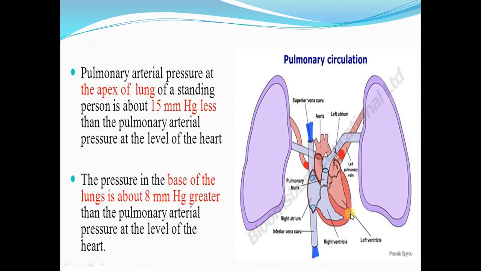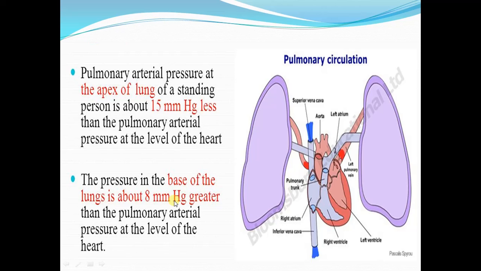Now of this 23 mm of mercury, 15 mm of mercury pressure difference is present above the level of the heart, and 8 mm of mercury pressure gradient is present below the level of the heart. What does it mean?